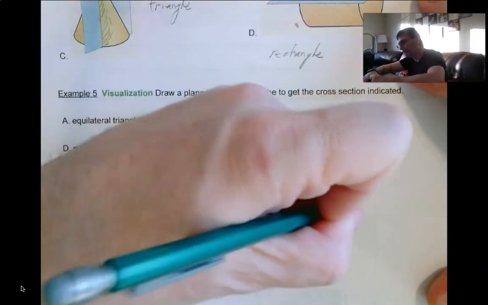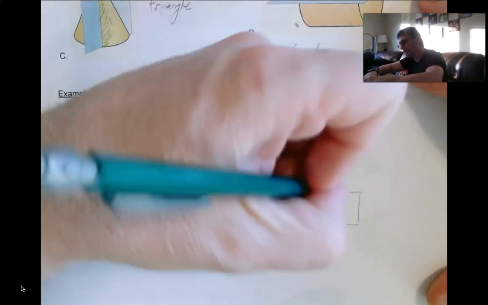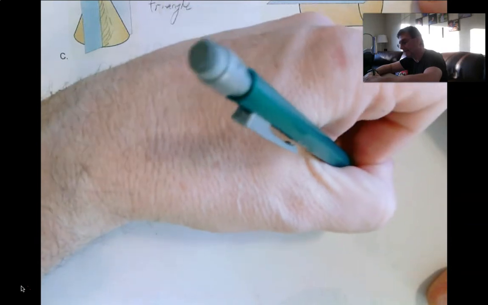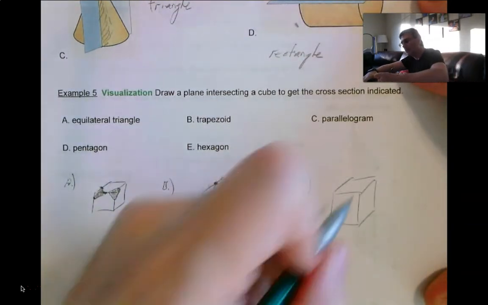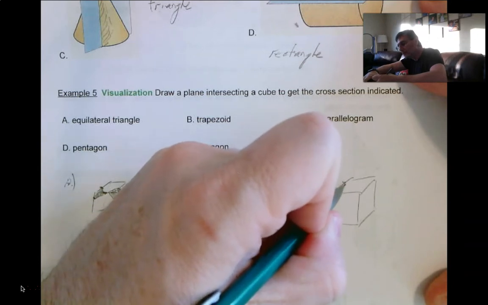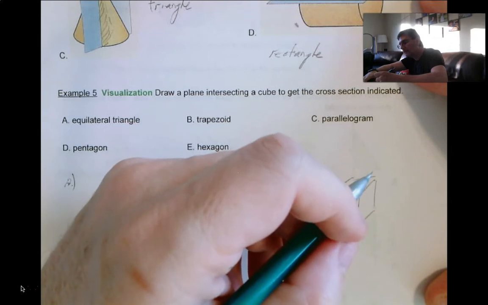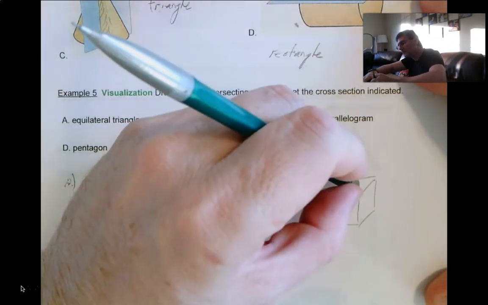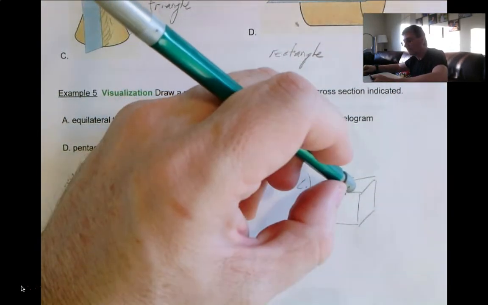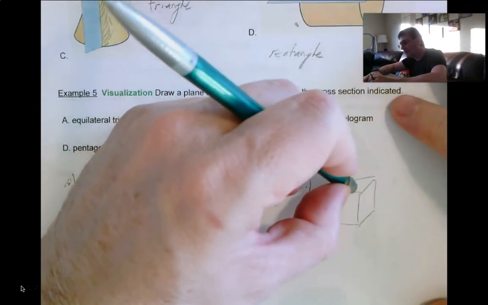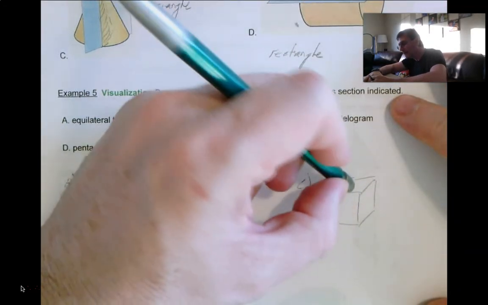Okay. Part C, parallelogram. So let's see, I'll go front to back again.